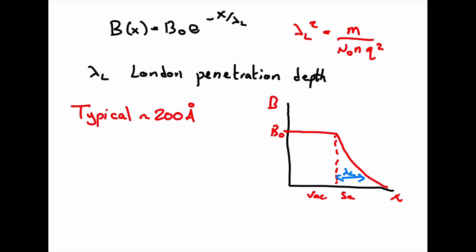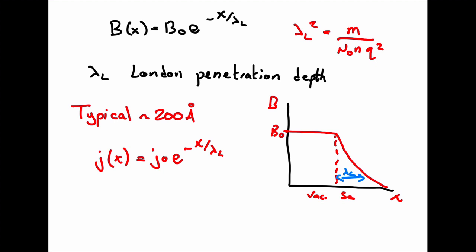One other thing is we showed that the current obeyed the same differential equation, and there's a relationship between the current and the magnetic field B. So what would the current density look like? Well, it would be exactly the same: j of x is equal to some constant times e to the minus x over lambda L. And so what we've got is these superconducting screening currents that are running around the outside of the material.